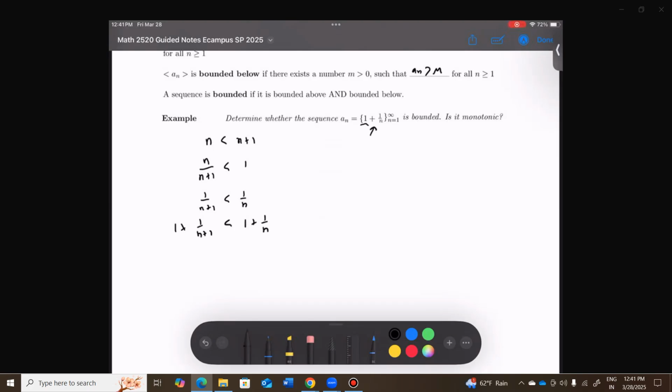And so now we have what we wanted to have. Okay, so if we add 1 to n, then our number would be less than the original number. So because of this, we do have a monotonic sequence.